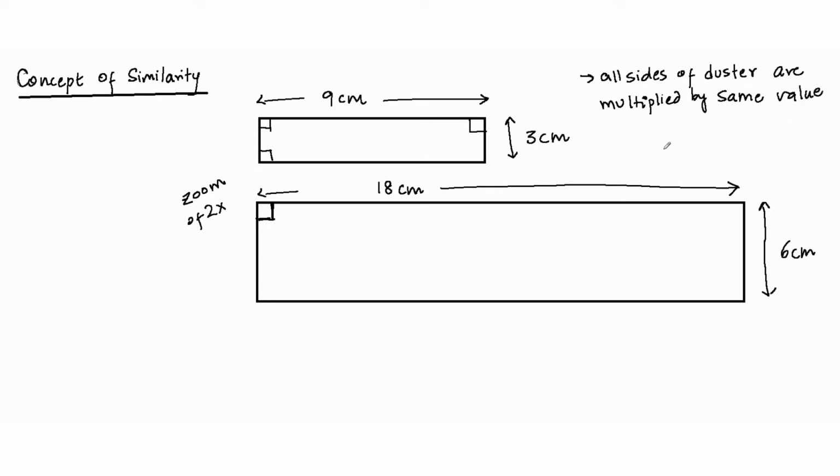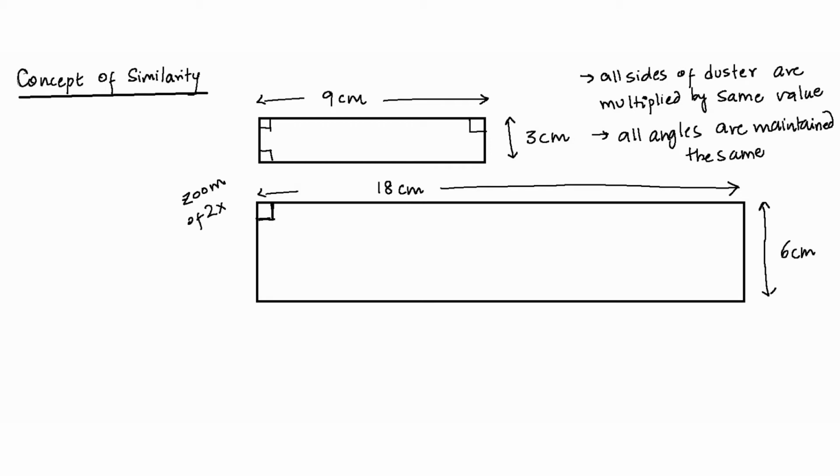That is, if the length is doubling, then the breadth is also doubled, whereas all the angles are maintained the same. Then these two figures are called similar figures.